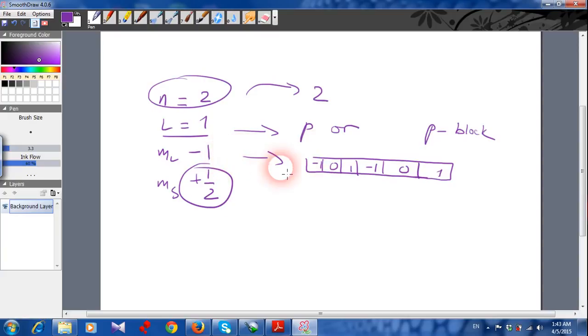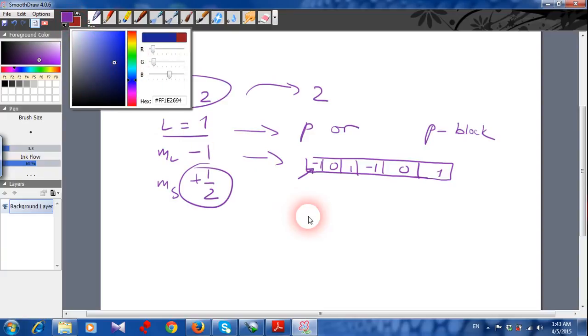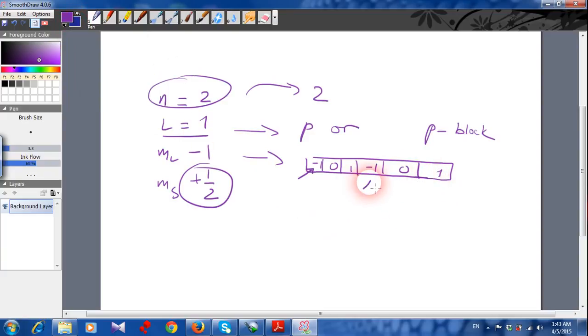So ml equal to negative 1 can be this one. With ms positive 1/2, from here to here is positive 1/2, and from here to here it will be negative 1/2.